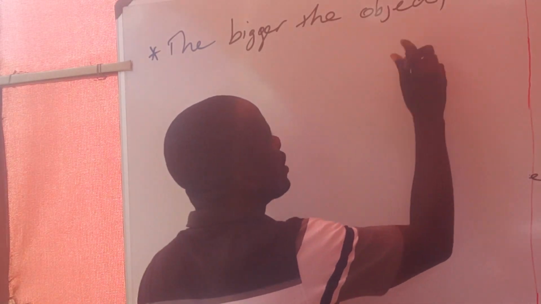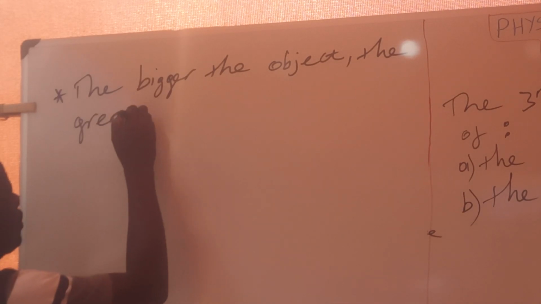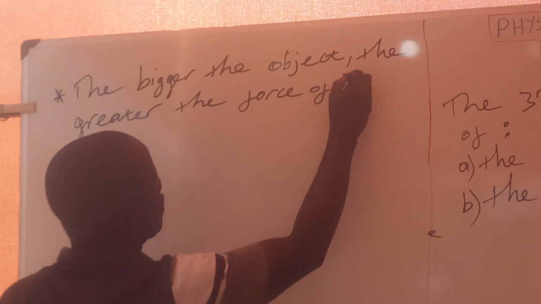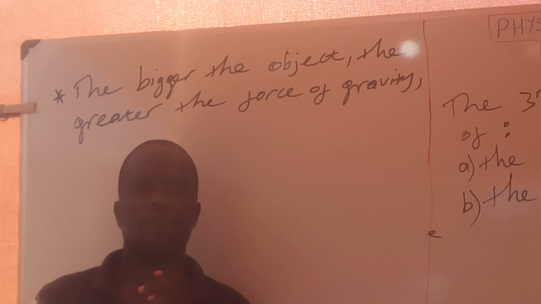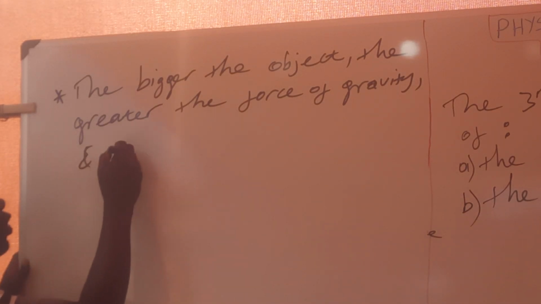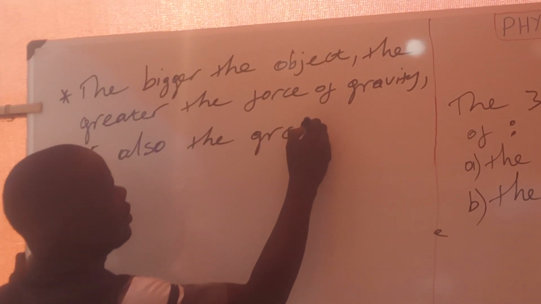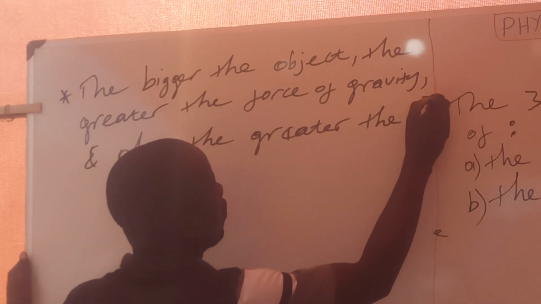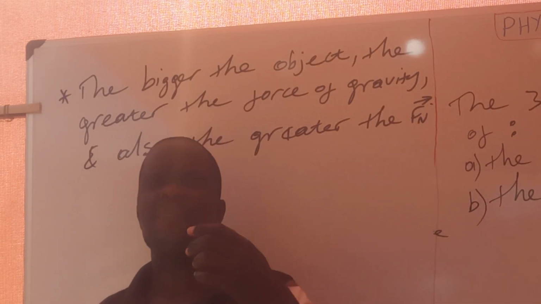The bigger the object, the greater the force of gravity, and also the greater the normal force. Now, this relationship, I want you to log it in your heads and remember it.